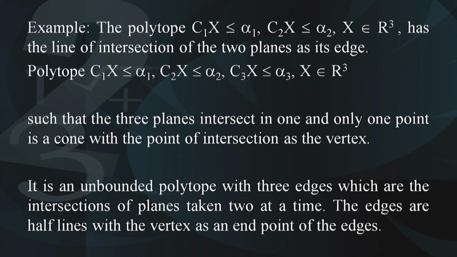The polytope C1x ≤ α1, C2x ≤ α2, C3x ≤ α3, where x belongs to R3, such that the three planes intersect in one and only one point, is a cone with the point of intersection as the vertex. It is an unbounded polytope with three edges which are the intersection of the planes taken two at a time, and the edges are half lines with the vertex as an end point of the edges.